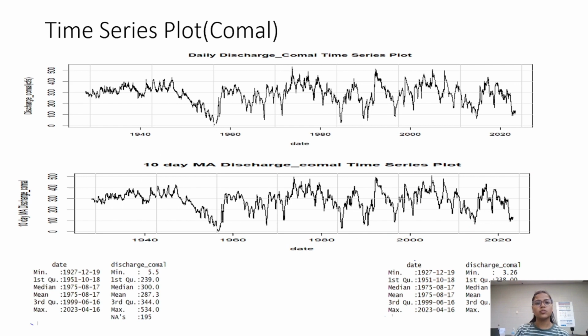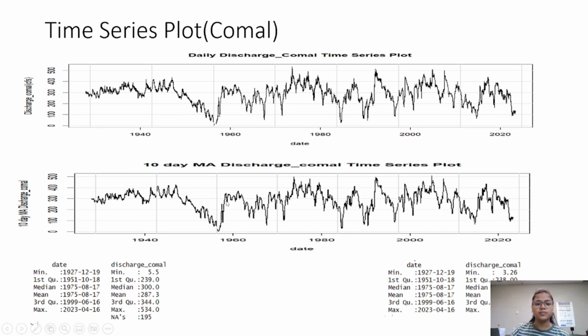I also performed the same process for Comal Spring data. The Comal Spring data had 195 NA values, which were removed using Kalman filtering.